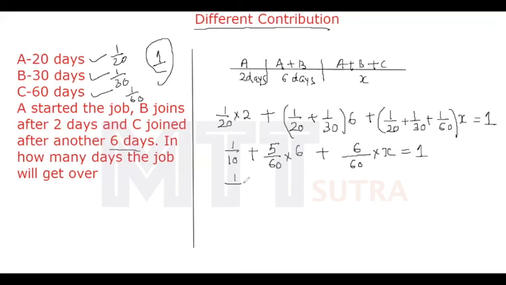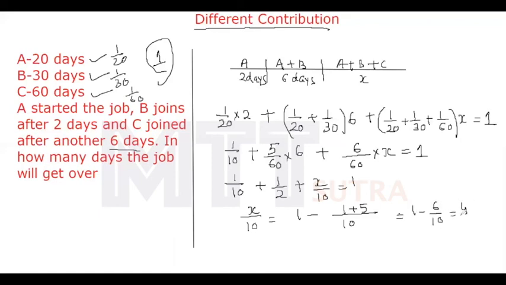So it is 1 by 10 plus half plus X by 10 equals to 1. X by 10 equals to 1 minus this, if it goes that side, 10 you can take common, 1 plus 5, that is 1 minus 6 by 10, it is 4 by 10.